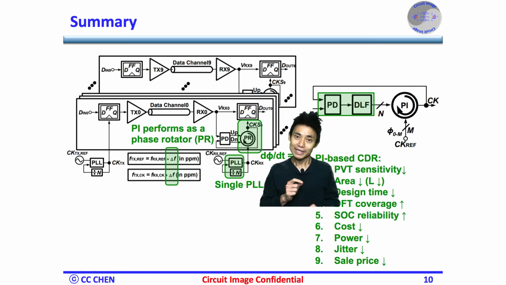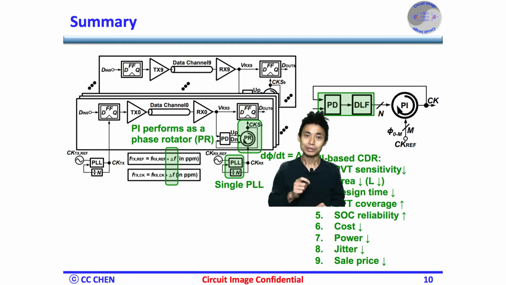As the DLL-based CDR with a single PLL is shared in multiple channels, there are no multi-VCO coupling pulling issues, high power dissipation, and large area of the PLL-based CDR per channel.